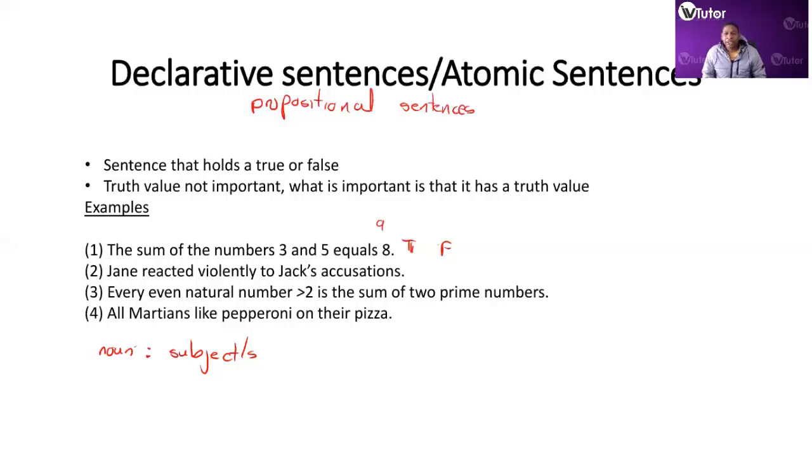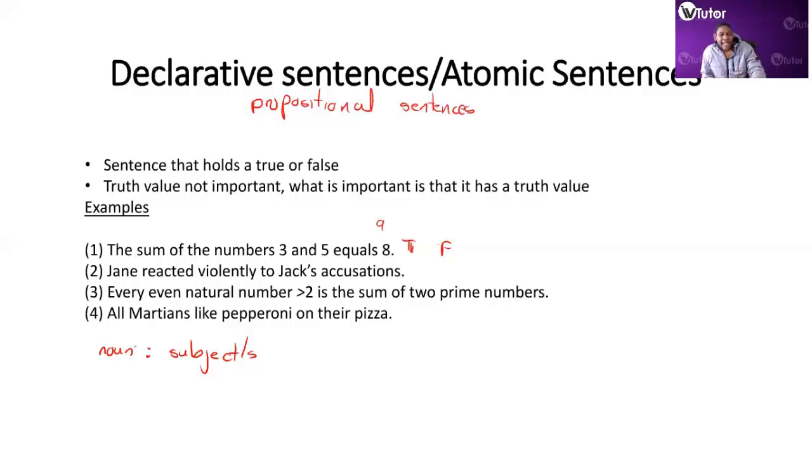In Jane reacting violently, the subject is Jane. In every even natural number, the subject is even natural number greater than 2. In all Martians like pepperoni on their pizza, the subject is Martians.